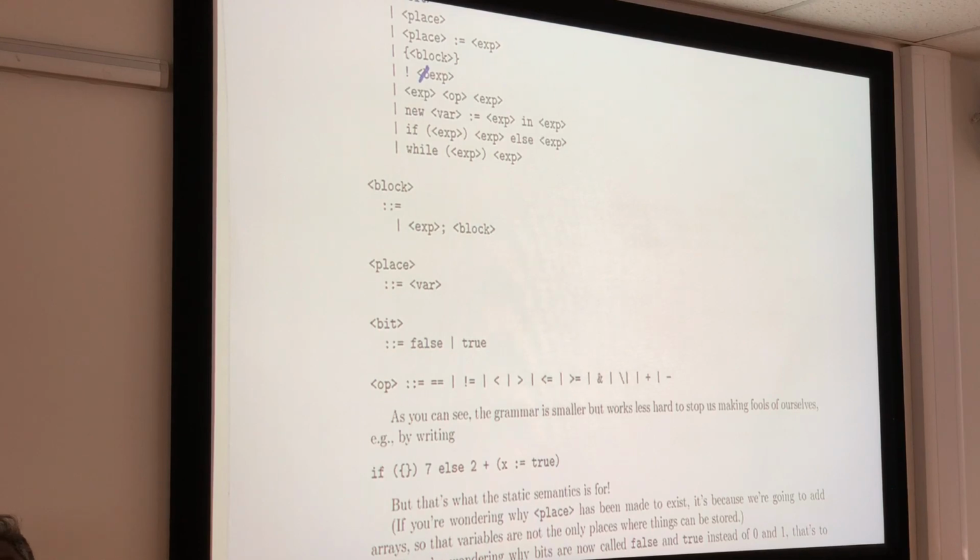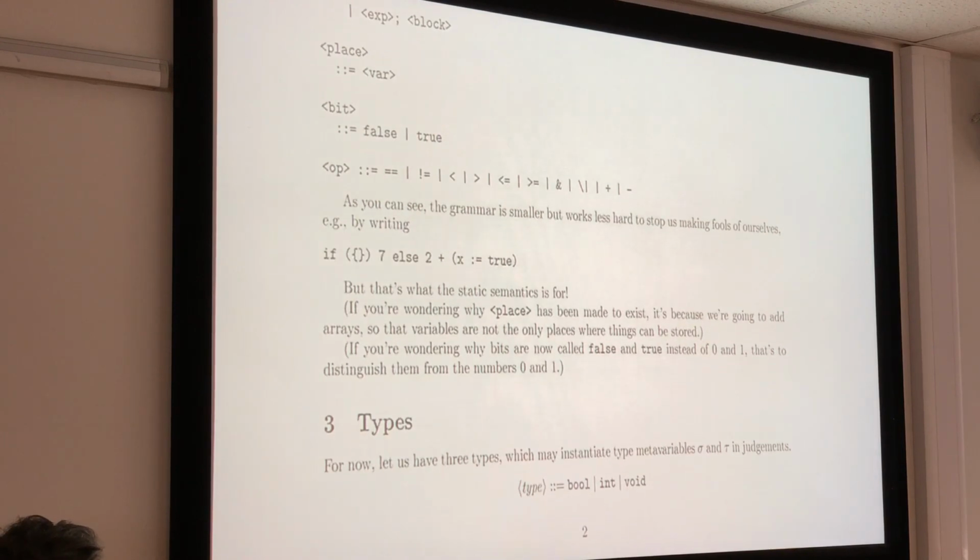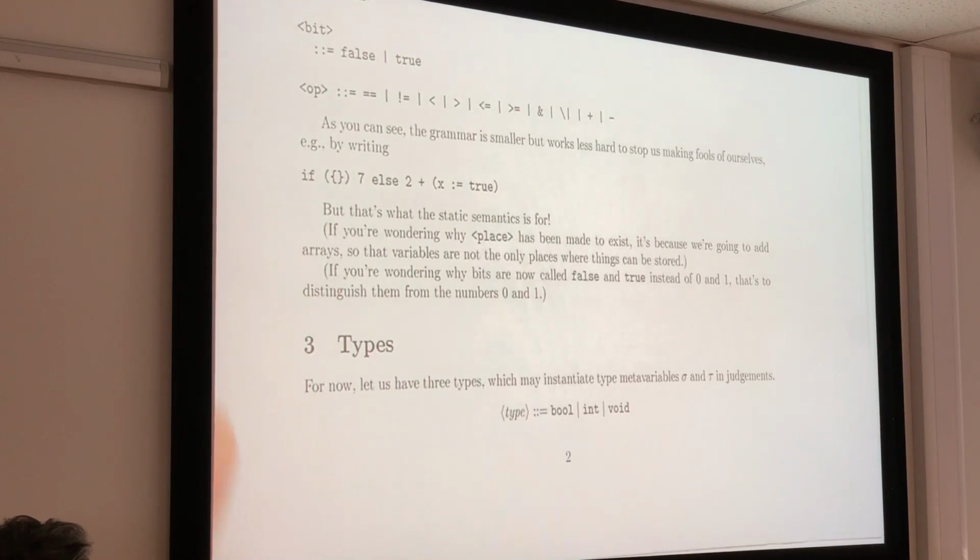But we also have commands. And commands are jumbled up in the expressions as well. So in order to say, actually, this thing is just a thing we do rather than a thing that gives us an interesting answer, we'll need another type for those things. And in imperative languages that you're used to, it's traditional to call that type void.